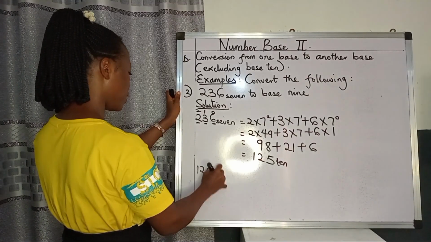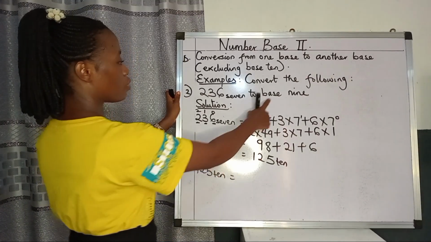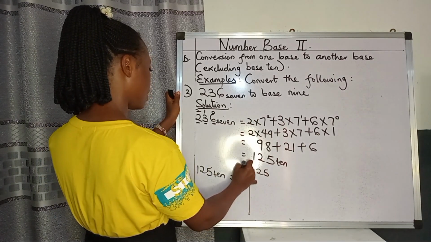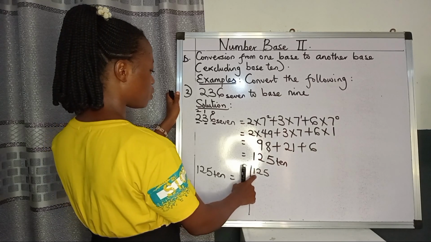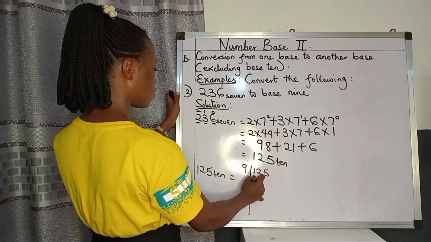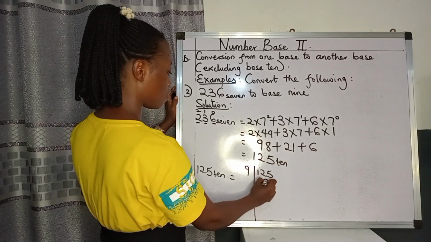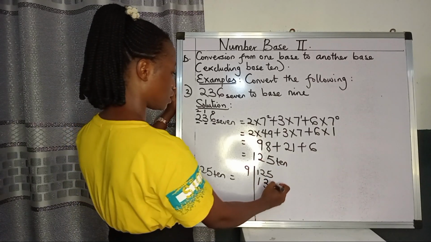So 125 base 10. Now let's convert it to the required base, which is base 9. So I'm having 125 divided by 9. 9 in 1 is not possible. 9 in 12 is 1, remainder 3. 9 in 35 gives you 3 because of 27, alright?